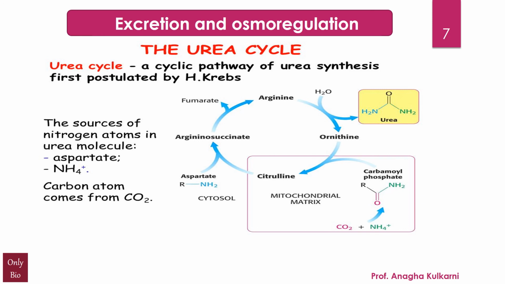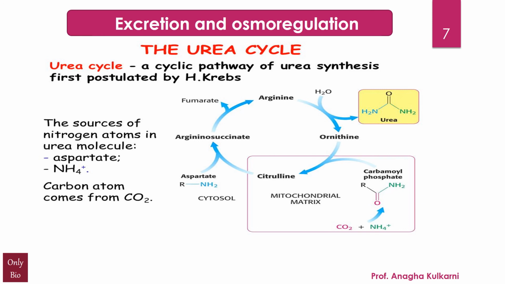So the urea cycle converts highly toxic ammonia to urea for excretion. And this cycle was the first metabolic cycle to be discovered, by Hans Krebs. That means even before the discovery of the TCA cycle, that is the tricarboxylic acid cycle that we talk about in respiration. And this cycle was later studied by many people.